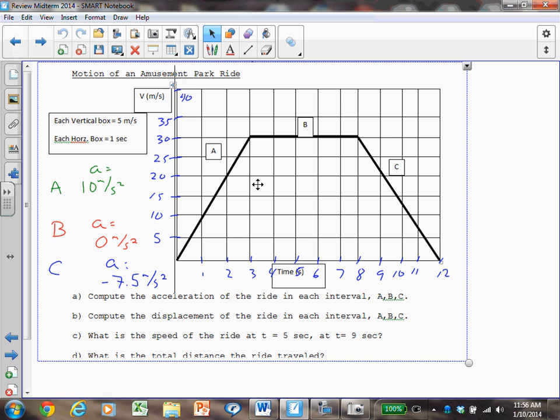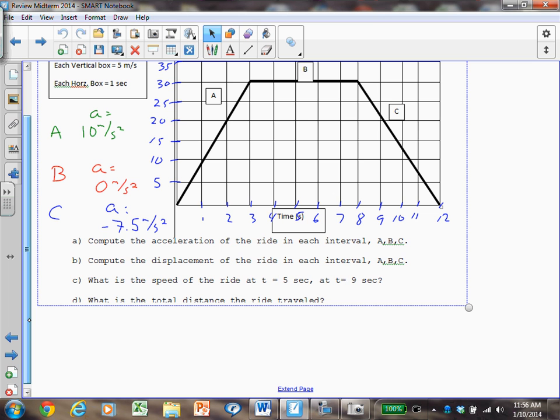And then here we go from 30 to 0 in 1, 2, 3, 4 seconds. So minus 30 over 4 is 7.5. Do you need me to do these out for you, or do you get how I'm getting those? Carolyn, you get it? Tyler? Get the slope, get the acceleration.